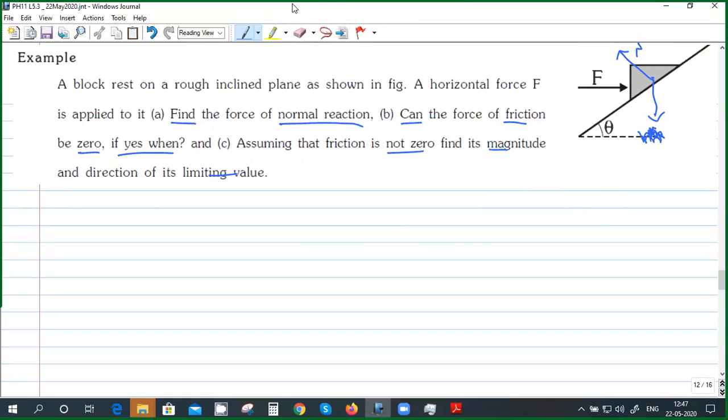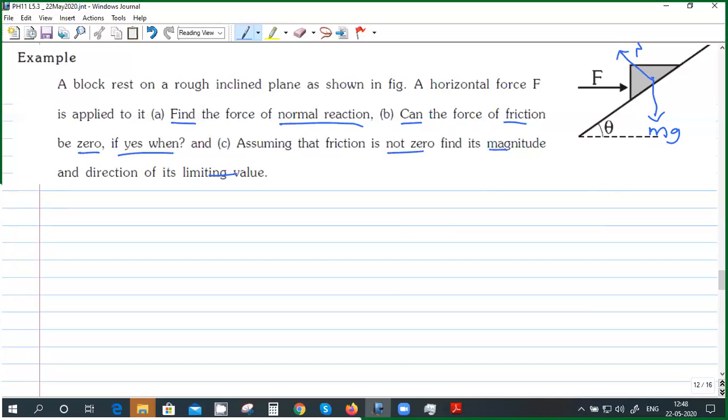Only three forces? No, the friction force is there. The direction of friction depends on the net force.